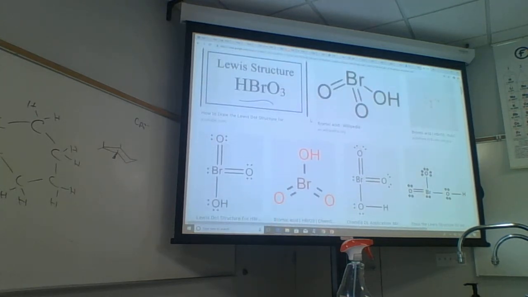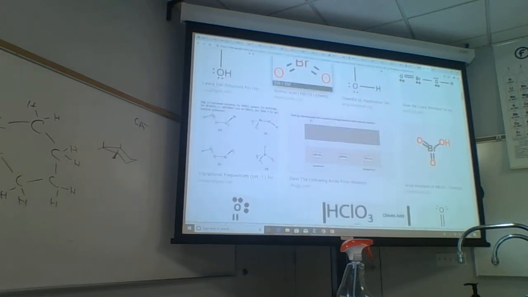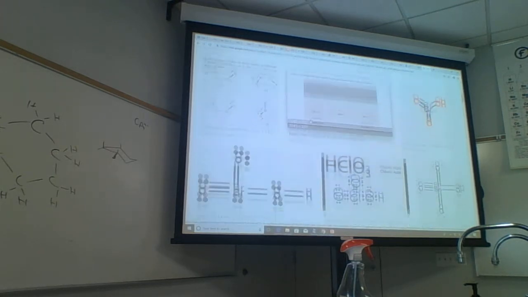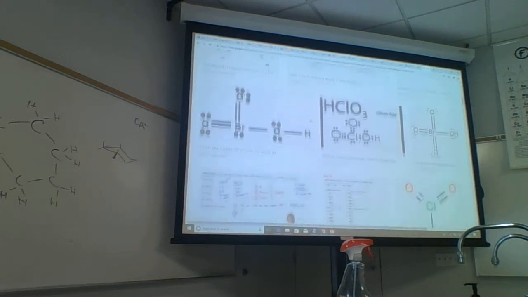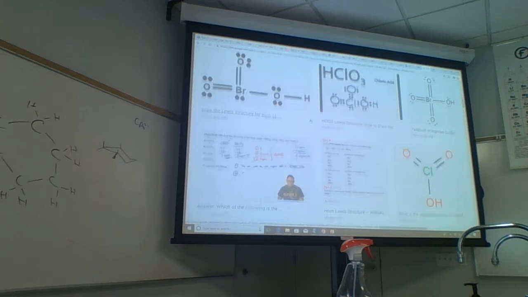What does it look like? Was that HBrO2 or HBrO3? Looks like people are writing in how many double bonds? 2 double bonds.